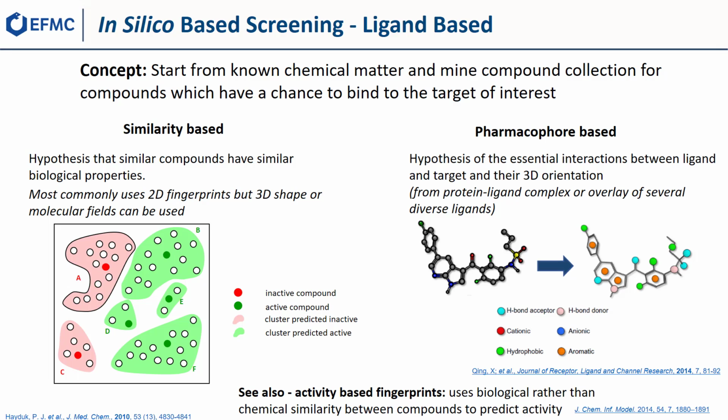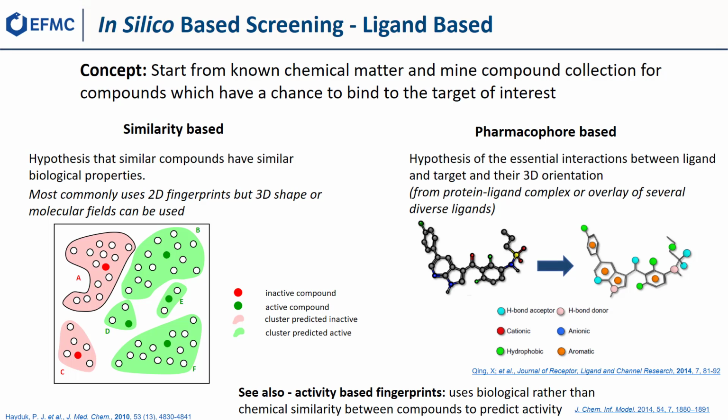All the polar groups can be either hydrogen bond acceptors, hydrogen bond donors, cationic, and anionic. And then you would have hydrophobic groups and aromatic groups. Then you get the picture on the right, where you have the interaction types and where they stand geometrically. The concept is that if you find compounds which have similar interaction types and in similar geometries, these have a higher chance of being active against your target.